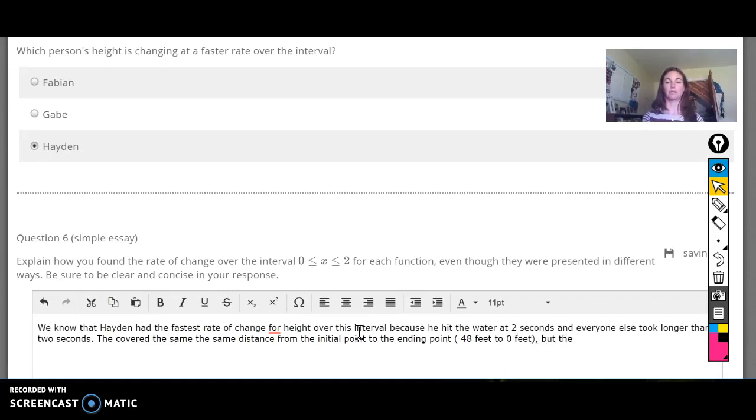But the other two went higher, so it took them longer. Okay. Something along those lines, or if you want to do this a different way, because there is more than one way to do it, and just clarify your answer, that would be totally fine.